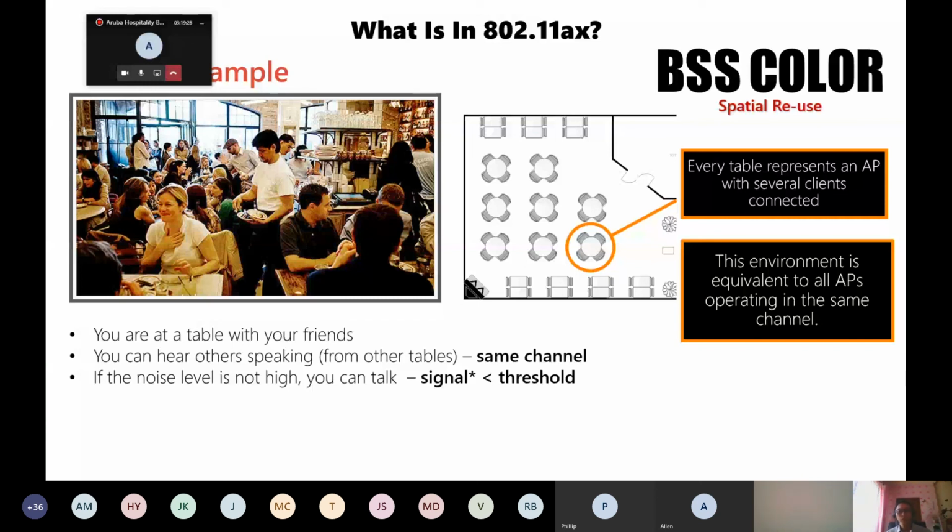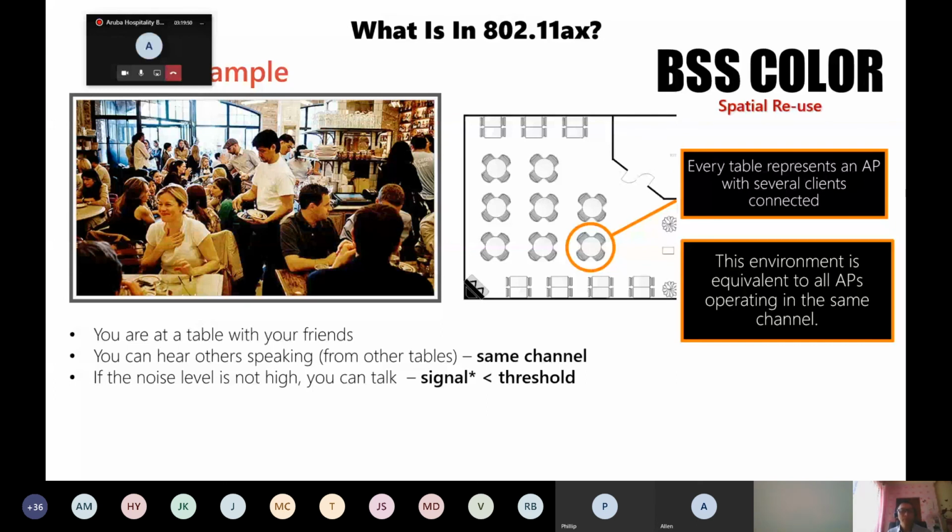If you have your grandfather on the same table, then you may have a problem. The noise may be too much for your grandfather to receive you well. So you have to either get closer to your grandfather, or talk louder so that your grandfather can hear. So that threshold may be different for this table where you have old folks listening, and a different table where you have younger folks.